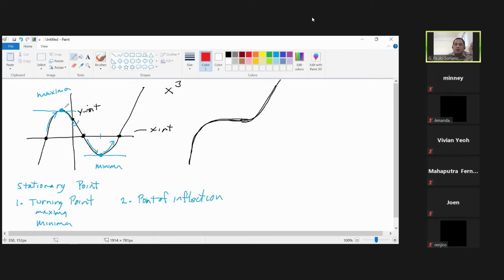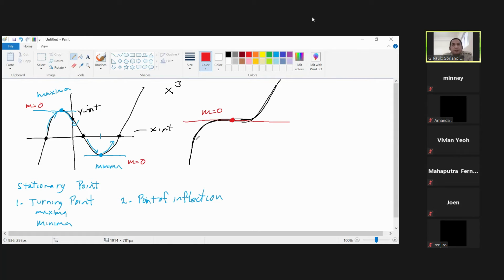So if you try to check the gradient, wherein m equal to 0, because this is a horizontal line, the gradient of the tangent at this particular point, at this particular part of the graph, m is equal to 0.